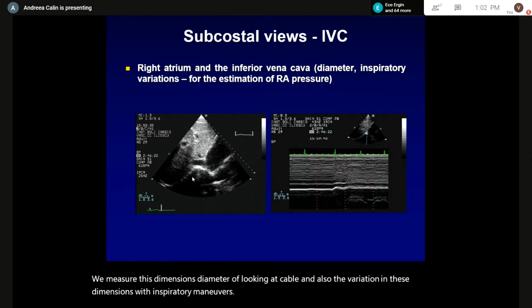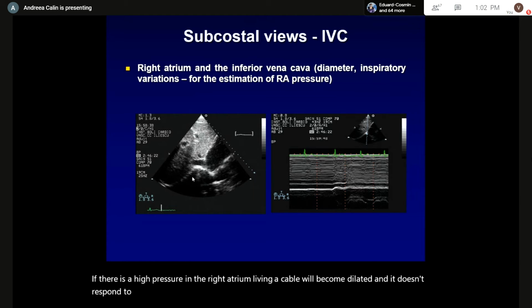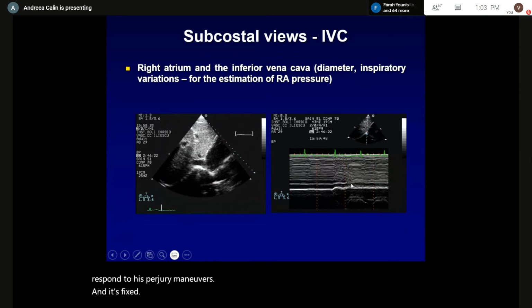If there is a high pressure in the right atrium, the vena cava will become dilated and it doesn't respond to inspiratory maneuvers, and it's fixed. In this normal subject, it reacts to the inspiratory movements of the patient, and it collapses in inspiration.